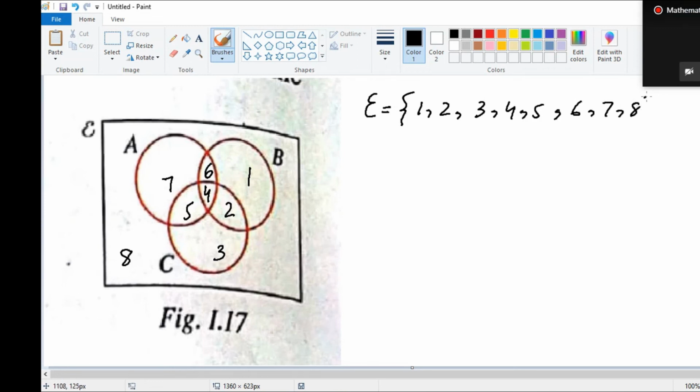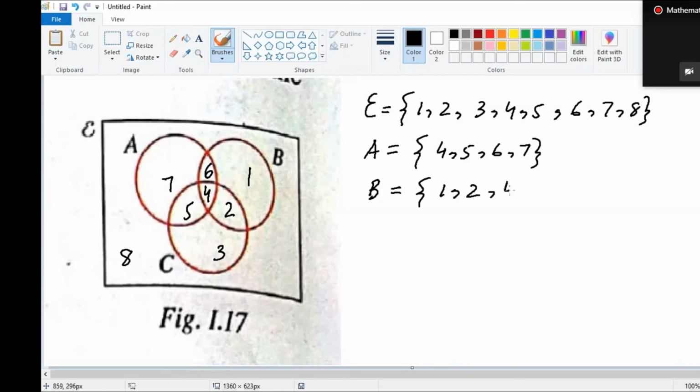Epsilon is the same, but over here now A is going to become 4, 5, 6, 7. So the data is going to be like this. B will be 1, 2, 4, 6 now, and C will be 2, 3, 4, 5 now. So if you are changing the numbers in the figure, make sure that you are arranging your data in the same way. ठीक है ना?